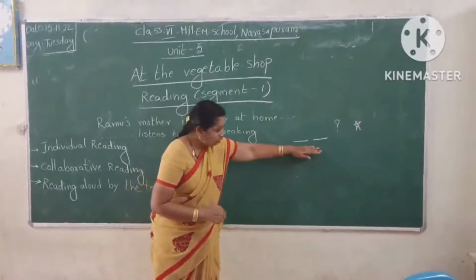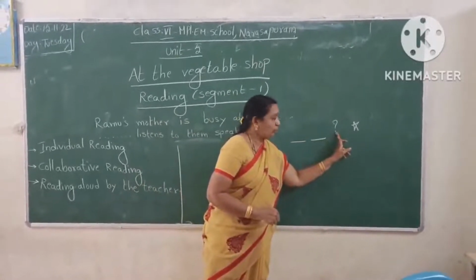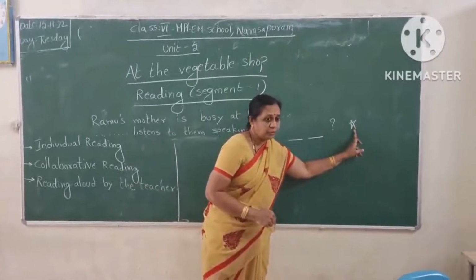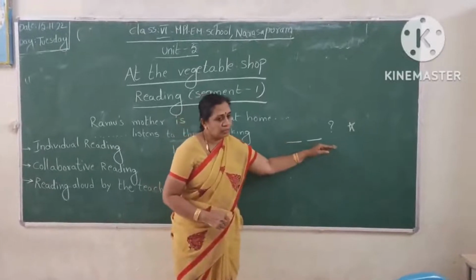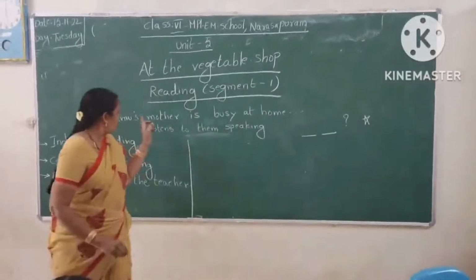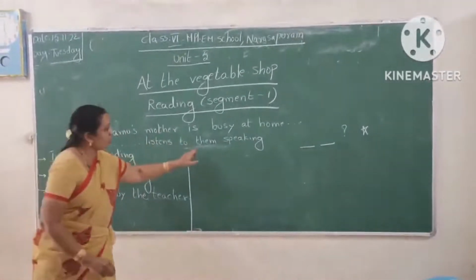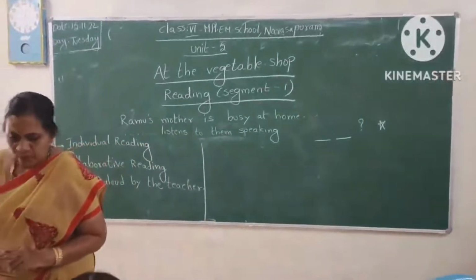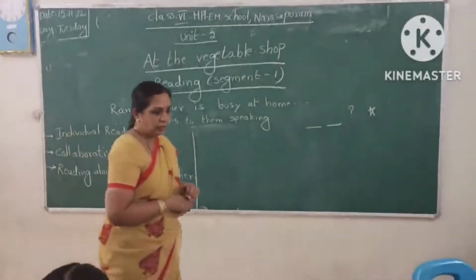While you are doing individual reading, you have to do this. Now all of you read from Ramu's mother is busy at home to listens to them speaking. Then underline or put a question mark or star mark according to your reading level.